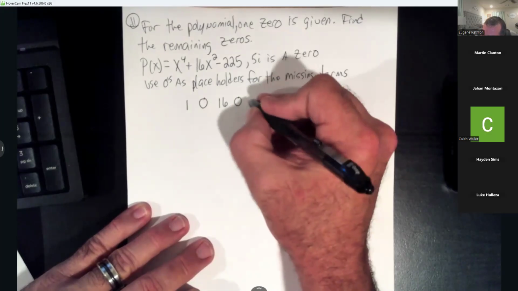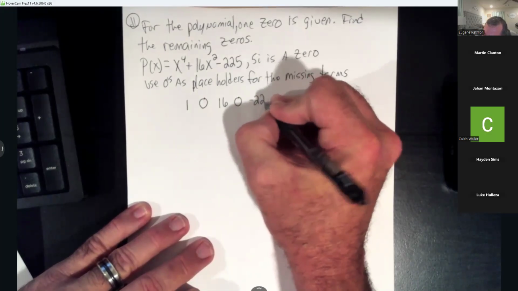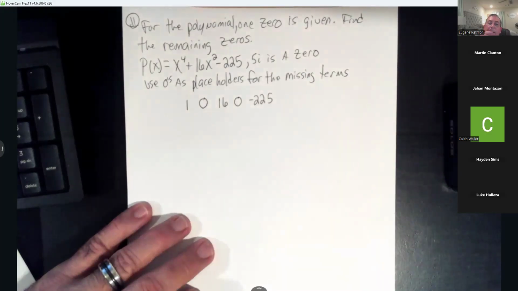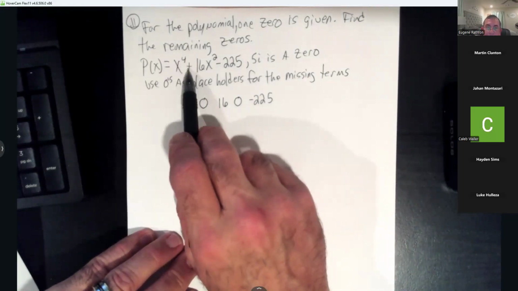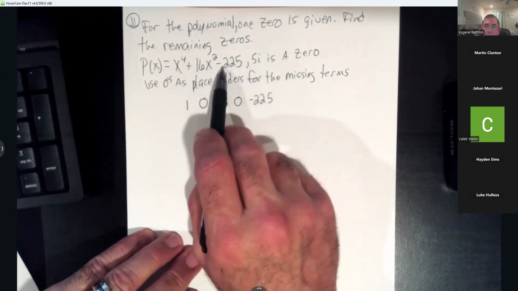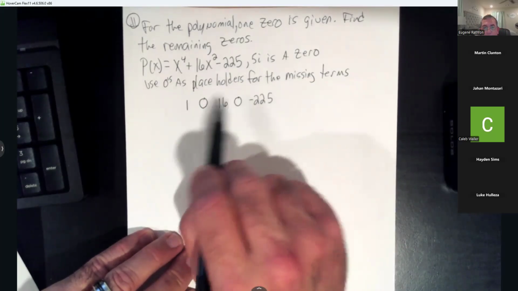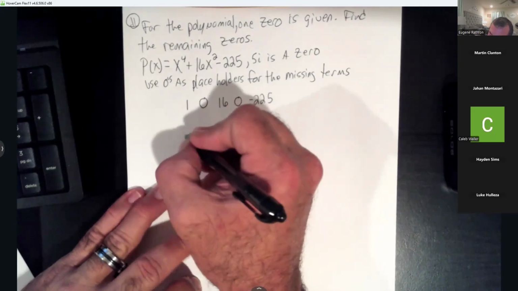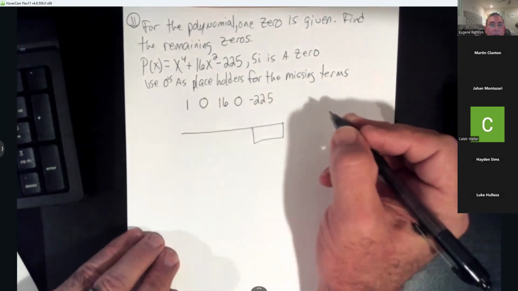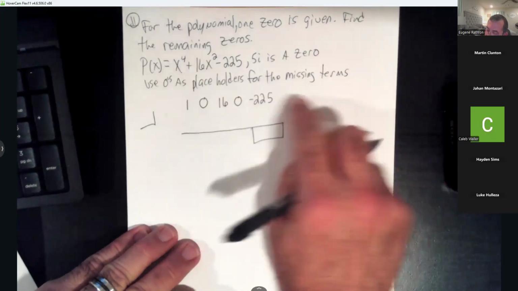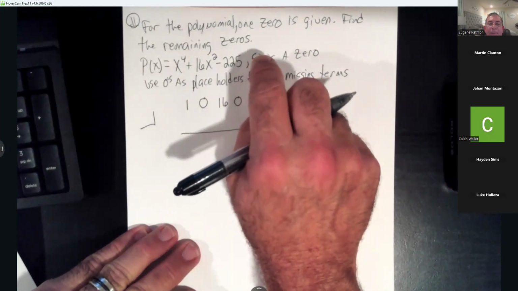And then at the end is a negative 225. And y'all remember, anytime you're missing exponent terms here, you got to put 0 in for their place. All right, draw my line. We'll box under the last one. And they're telling me to start with a 5I.